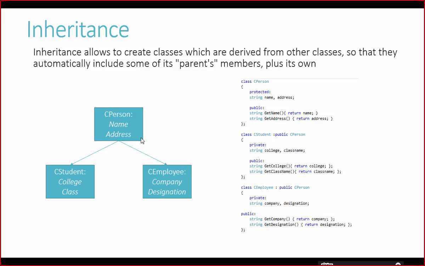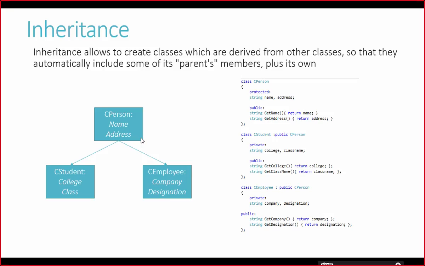So why is this required? Now I don't have to write the same thing twice in CStudent and CEmployee. Not having to write twice also means that, say in future in the project they say, okay, now every person needs to have an Aadhaar ID compulsory.